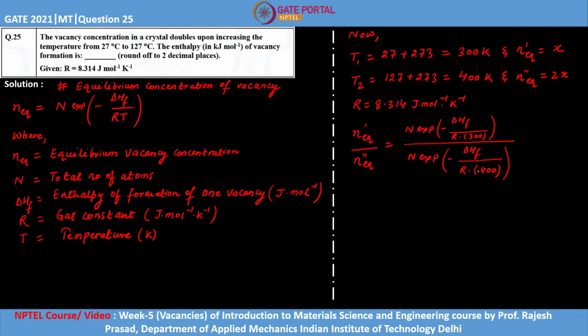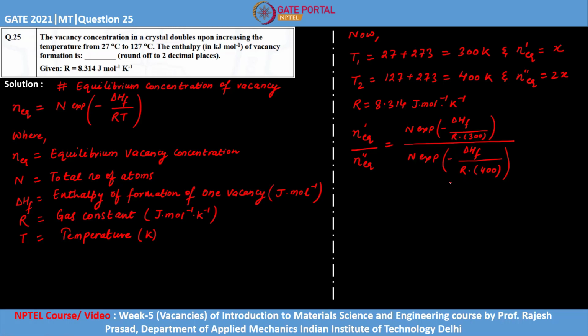Similarly, the equilibrium concentration at T2 with the temperature value equal to 400. So I have simply put the value of T in this formula, where T1 is 300 and T2 is 400.